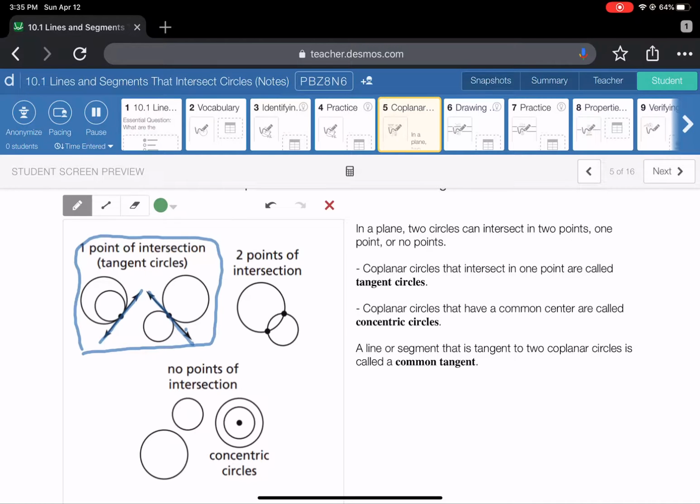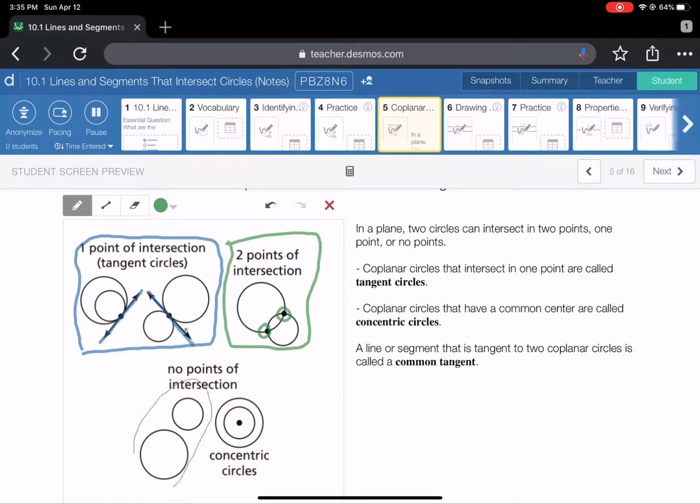Now, if we talk about this next point here, circles can also intersect 2 times, 2 points of intersection, something like this, where the circles cross each other at 2 different points. And then we can also have circles that do not intersect.